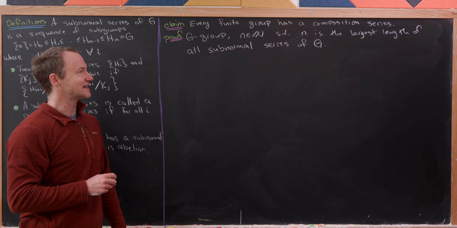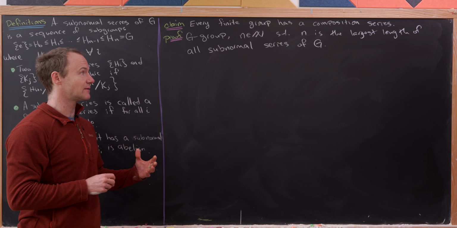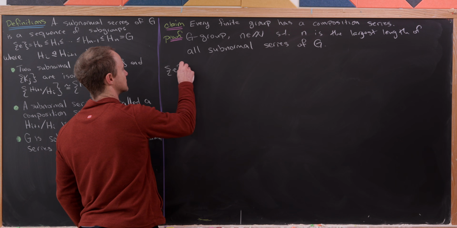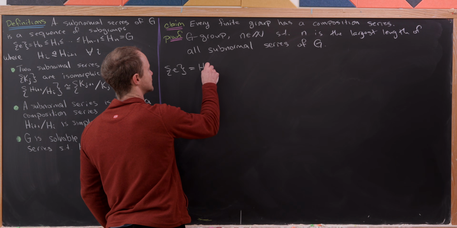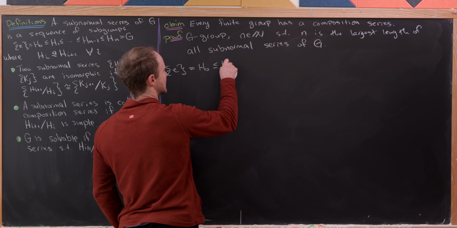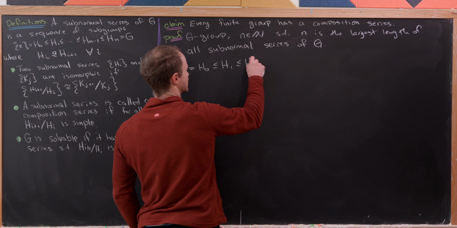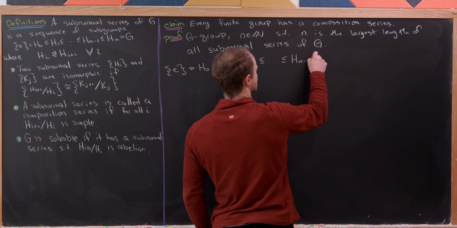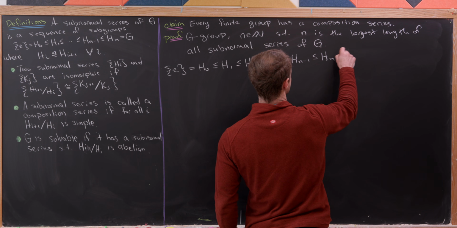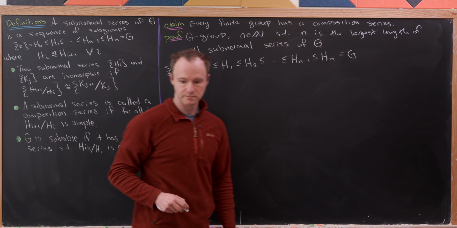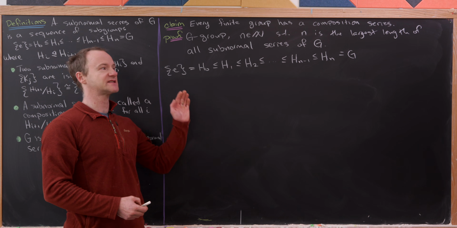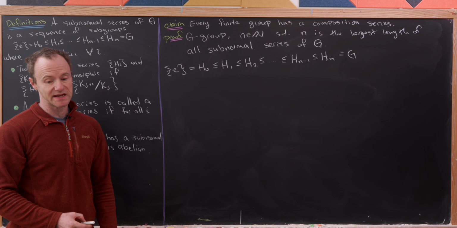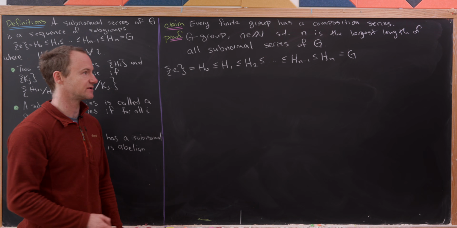Okay, so now let's take one of these subnormal series of length n. So it starts with the identity, which is H0, which is a subgroup of H1, which is a subgroup of H2, so on and so forth. All of that's a subgroup of H_{n-1}, which is a subgroup of Hn, which is equal to G. But now what we want to do is show that this longest subnormal series is in fact a composition series.